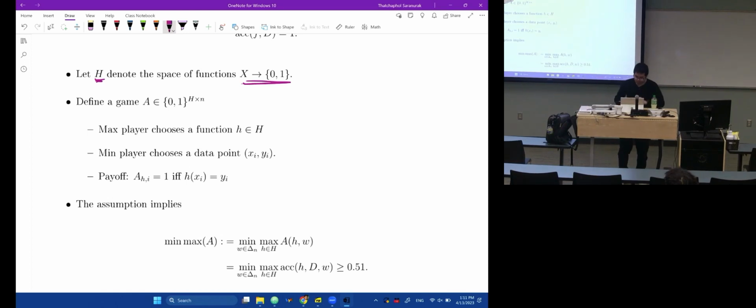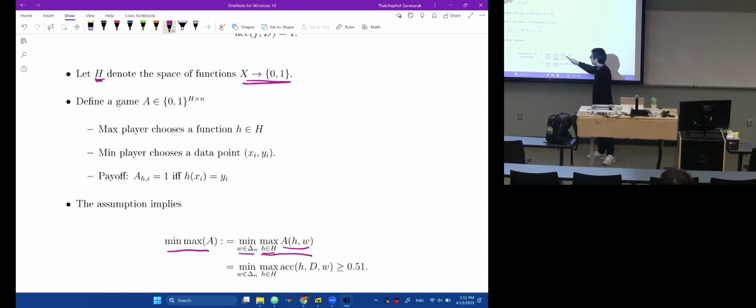Why? Because the min-max of the game is the minimum over any weight, of the max over h, of A(h, w).